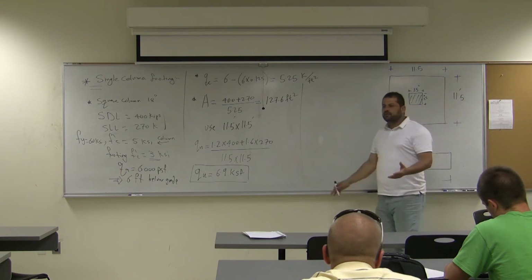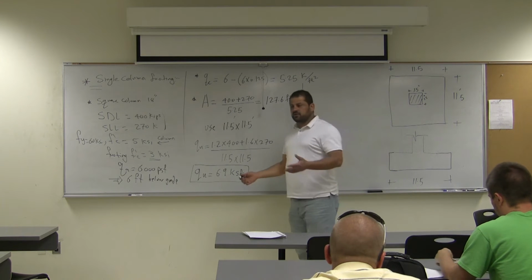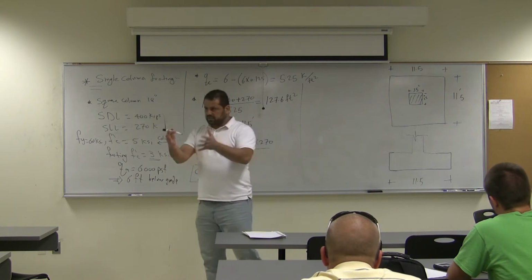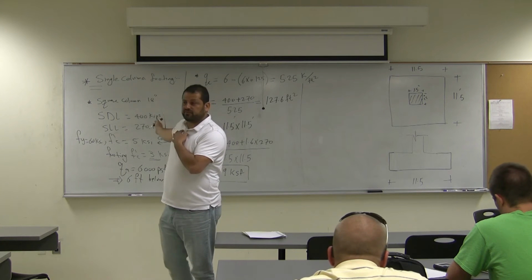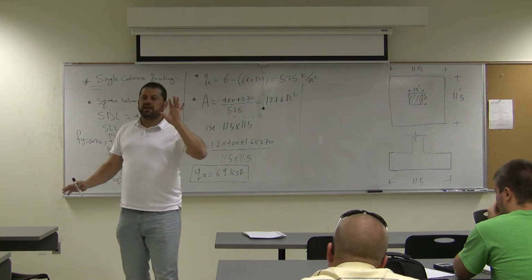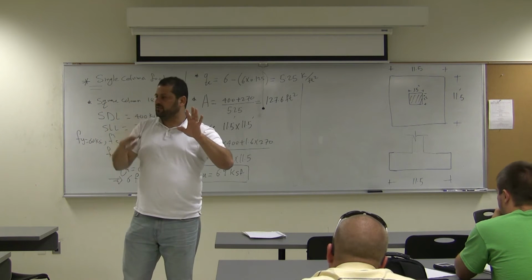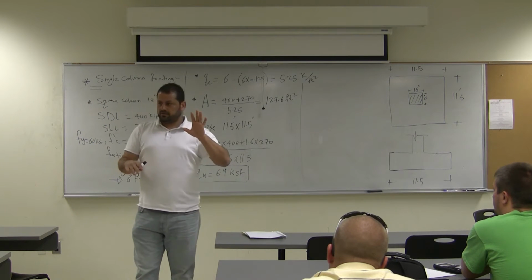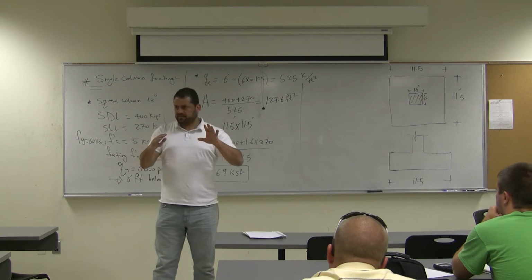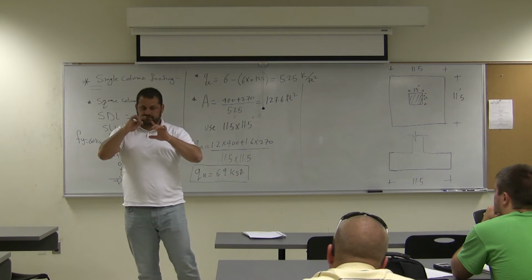If we find D, we can calculate the final depth, because the final depth will be D, the effective depth, which we can calculate, plus 3-inch clear cover, plus about 1 inch for the diameter of the bars, plus 1 or 1.5 inch for the diameter of the top bar.